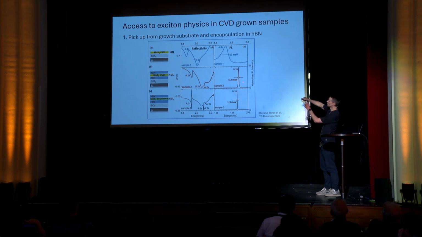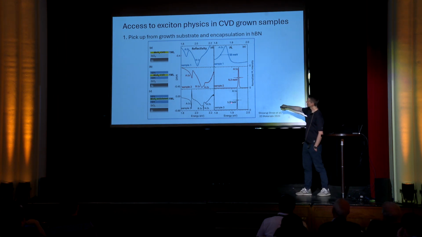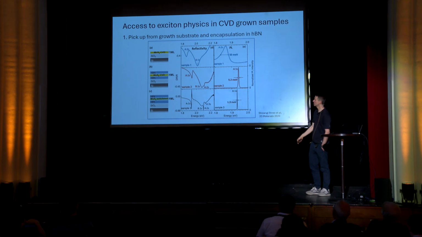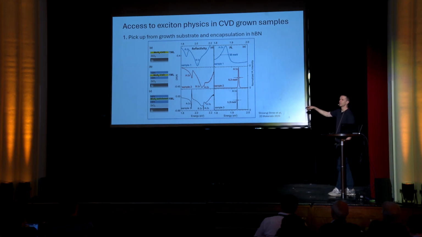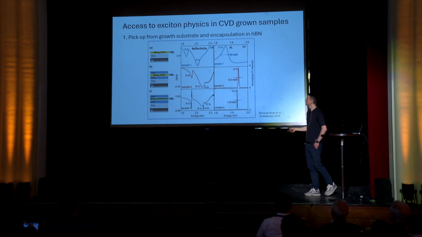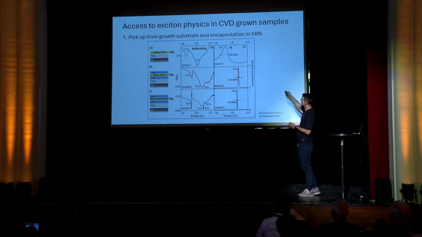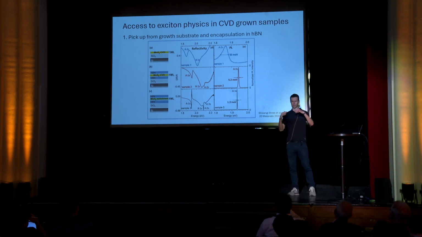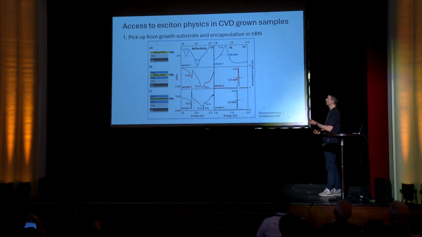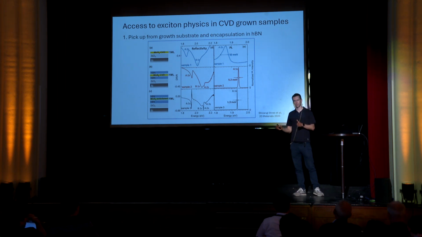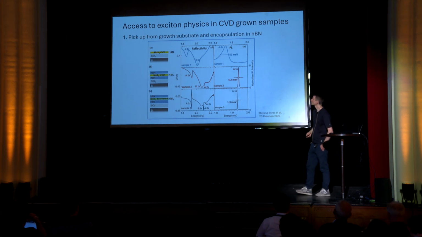And this is the first shot we ever had. We immediately narrowed the line widths to something we can now work with, and which is similar now to our exfoliated flakes. As I said, this now goes down to the same values as here, as seen also by many other groups. And of course, for us, it's very important because with these CVD-grown samples, for instance, these lateral heterostructures, there is no other way of obtaining them. You cannot, by stacking, have similar configurations. So we do need to make sure we can access the best optical quality that these samples can provide.